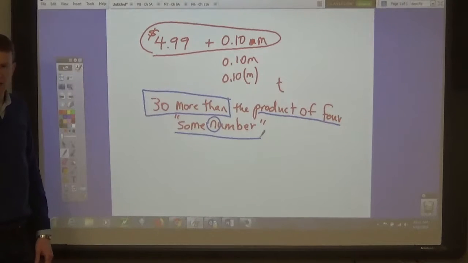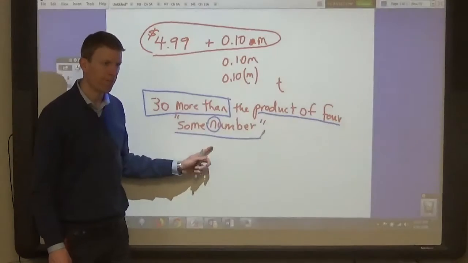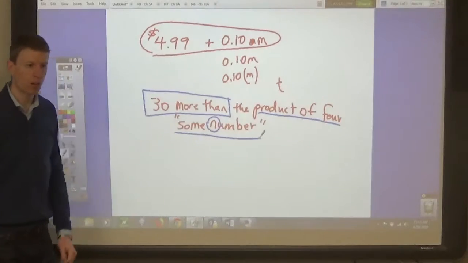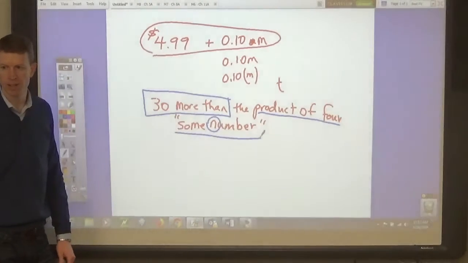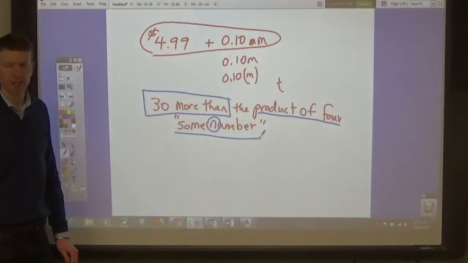Do you know how you would write the algebraic expression for the product of 4 and some number? What does the word product mean? Look in your book, see if you can find it.